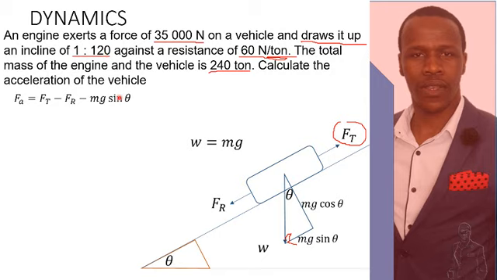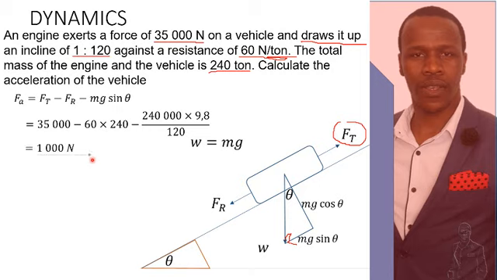So that is sine theta. So this is basically what we have: Ft, Fr, mg, then sine theta. 1/120 is sine theta. So we have this for our calculations, and then we can just press that on a calculator. That's the answer. Nice one.